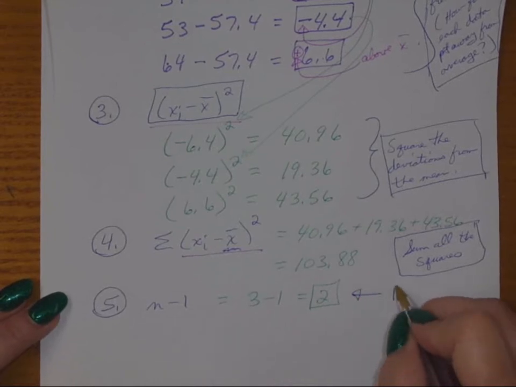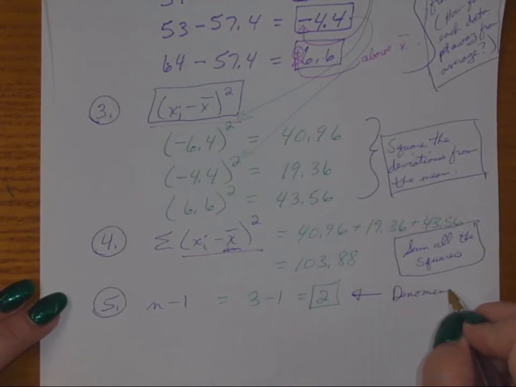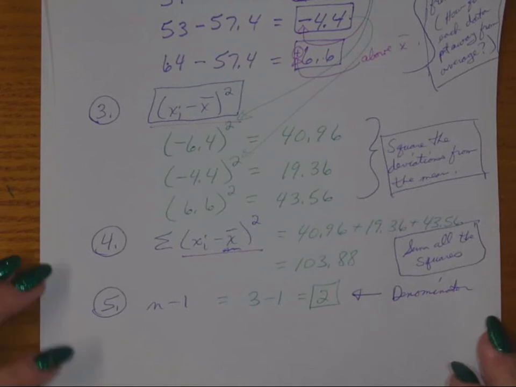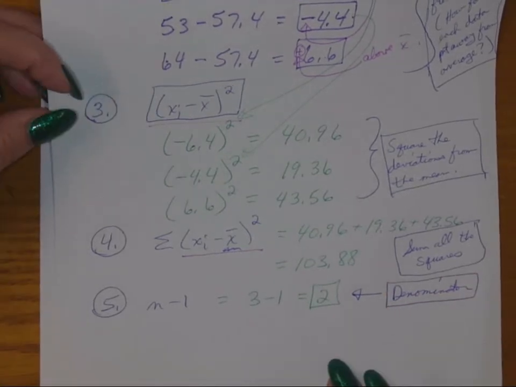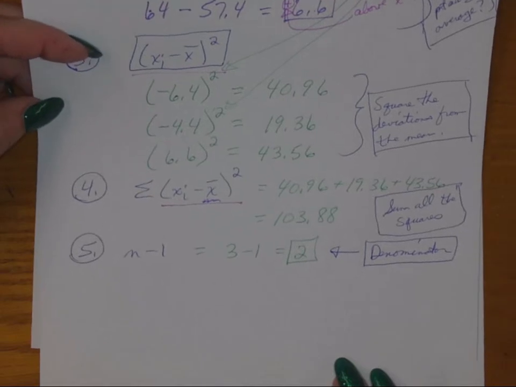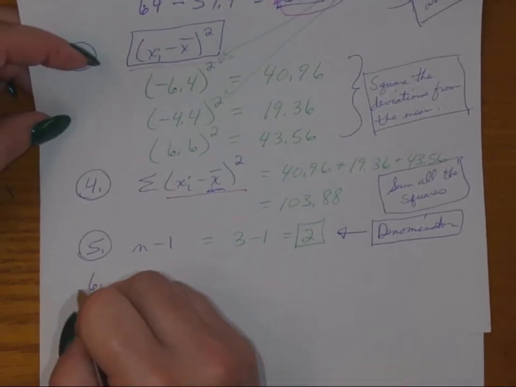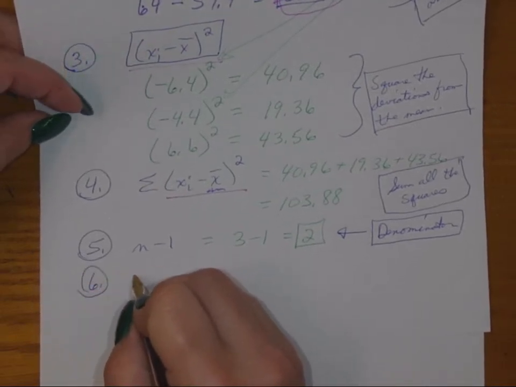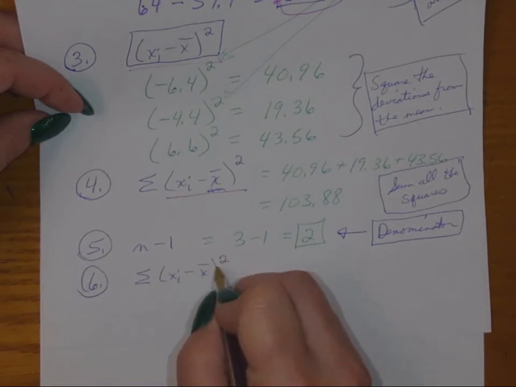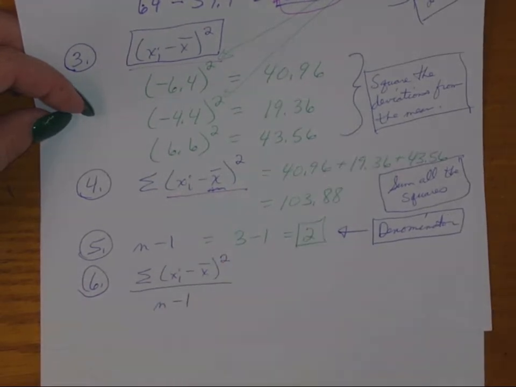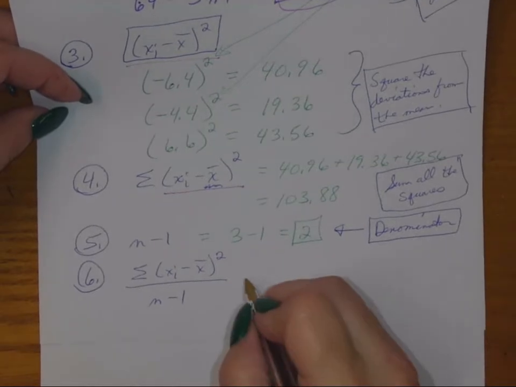This is your denominator. So we're almost there. So now we just need to divide these two out. I won't always rewrite this. I'm just doing it the first time we're messing with it so you can see what's going on.